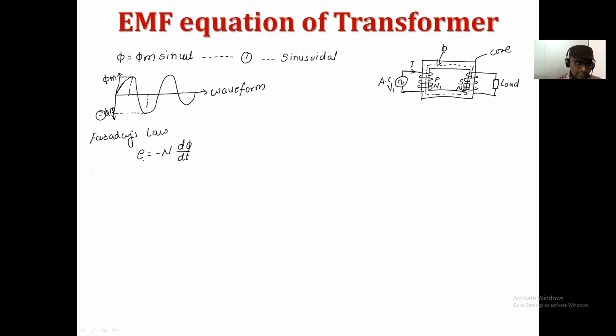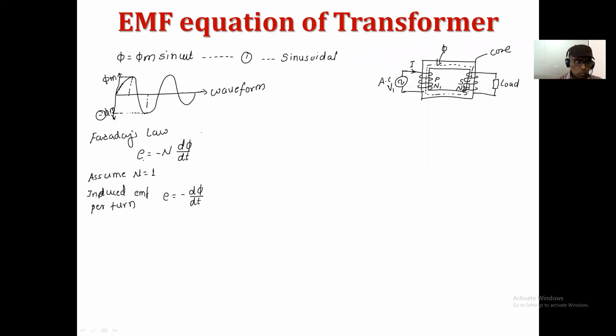Suppose I consider that N is equal to 1. It means the induced EMF per turn. That's why we assume N is equal to 1. E is equal to minus d phi by dt, because here N is equal to 1. Now this small e represents the induced EMF per turn.